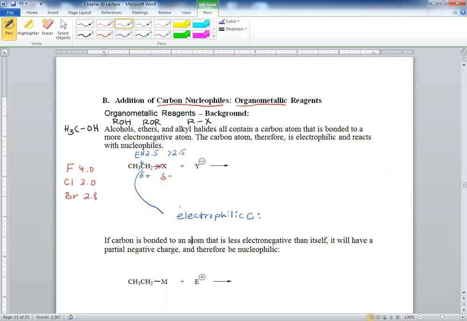Let me put a space here so that you don't think that's 2 C's here. So an electrophilic carbon. And we know that electrophilic carbons react with electron-rich nucleophiles.